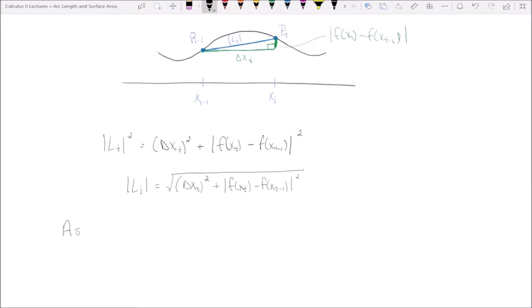What we're going to do now is assume that f prime of x exists and is continuous.